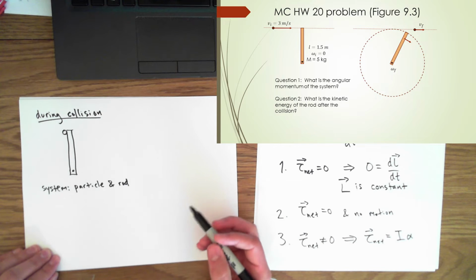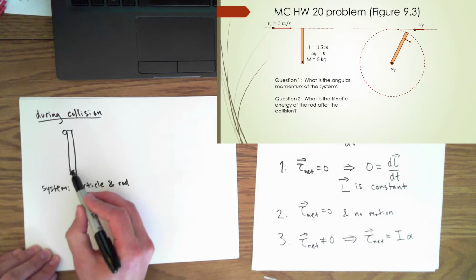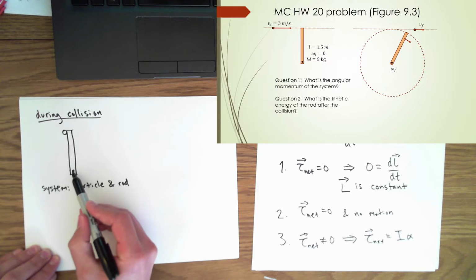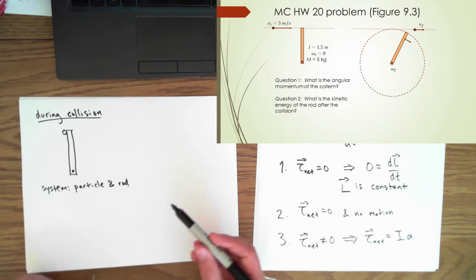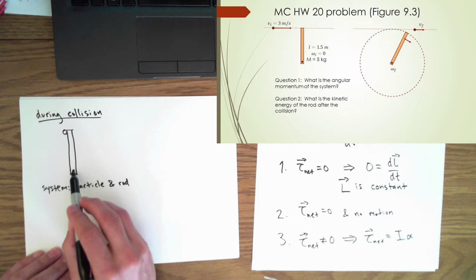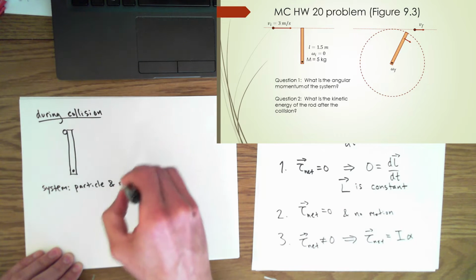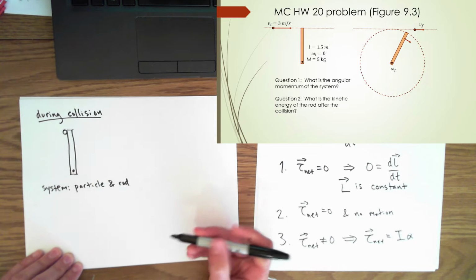The only external forces that are existing in this problem come from the influences of this pivot, right? If the pivot was not there and the particle hit the rod, it would fly off spinning in some way. But in this case, because of the pivot and the forces that the pivot provides, the rod is forced to only move in this rotating around the pivot motion.